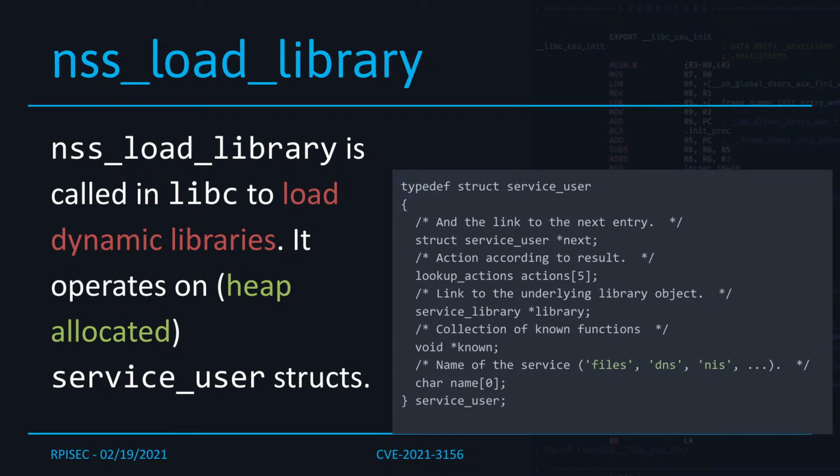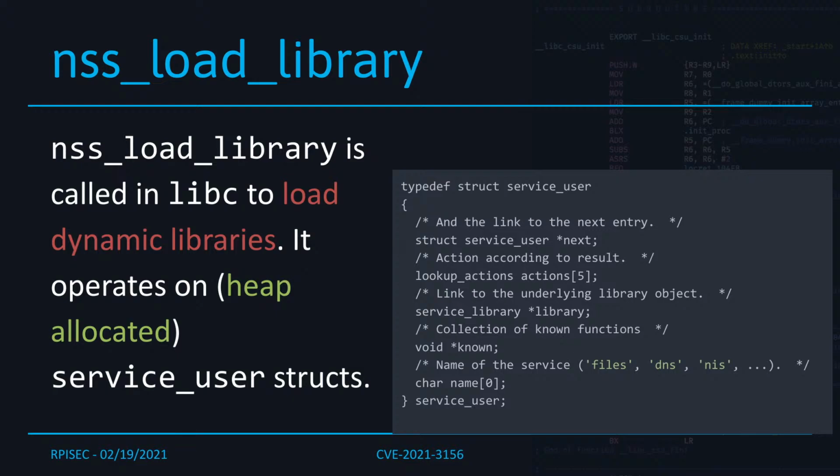And the argument that it's passed in, that service user struct, is usually heap allocated. So we know we have this heap-based buffer overflow. We know that we can corrupt data on the heap, and we even know that because we control the size of that allocation we make, we can kind of control where that overflow starts.